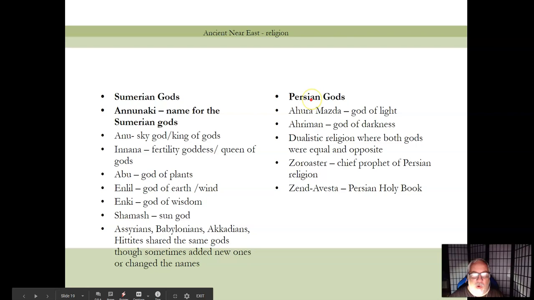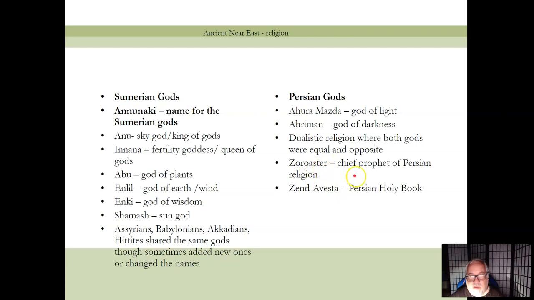The Persians are the only ones that are unique in this sense, other than the Jews, which we'll get to much later, in that instead of having a bunch of gods, they only have two. One is a good god, one is kind of a bad god, god of light, god of darkness. But in the religion, both gods are equally powerful, even though in the end, in their holy book, which is called the Zendavesta, basically the Bible, right?